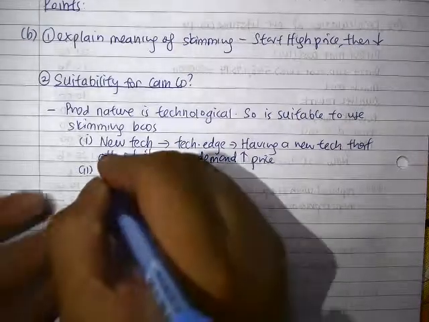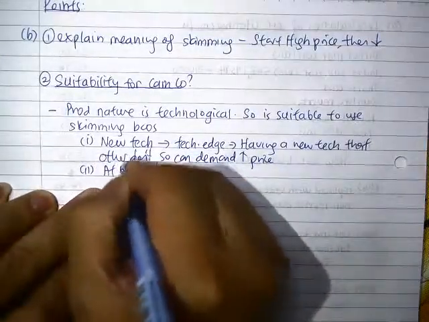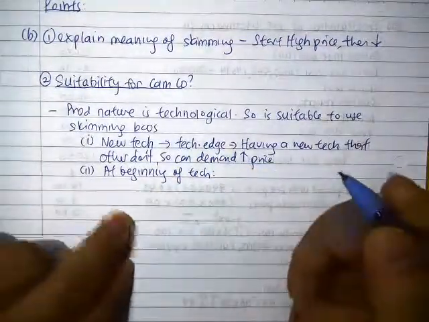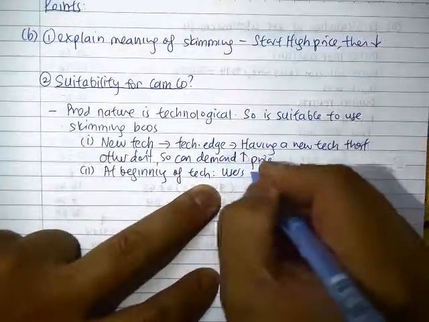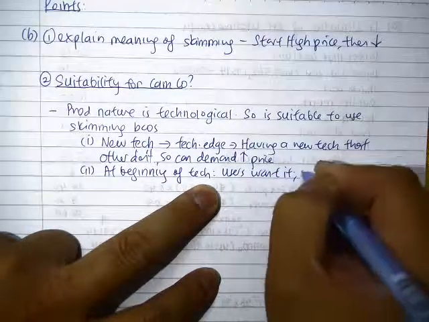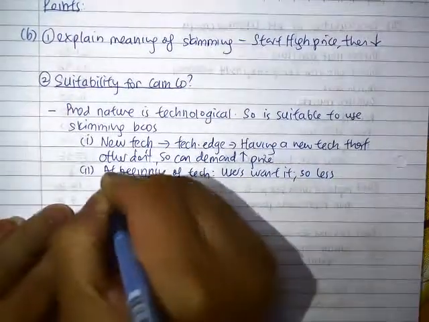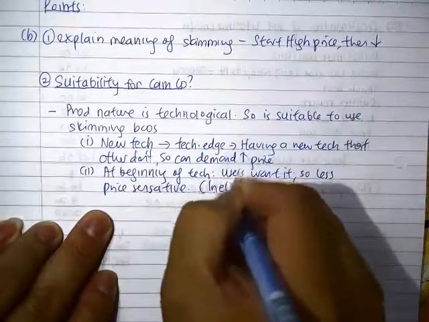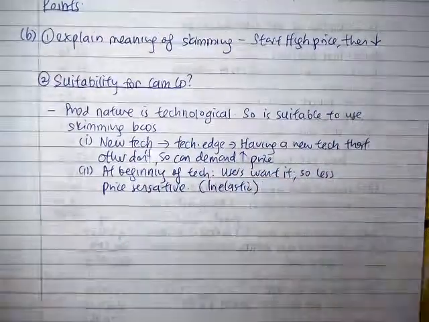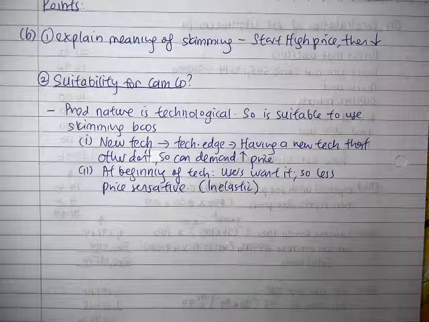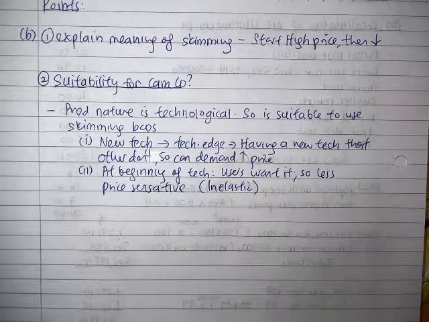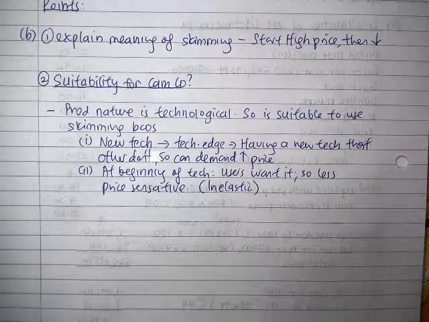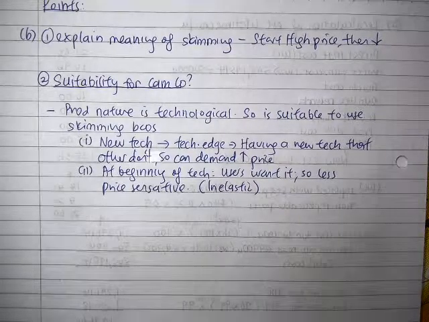So usually at the beginning of the technology, the users want it, so they are less price sensitive. The demand is inelastic because they appreciate the technology. They know that this is something good, so they want it. They don't mind paying for it. Okay.